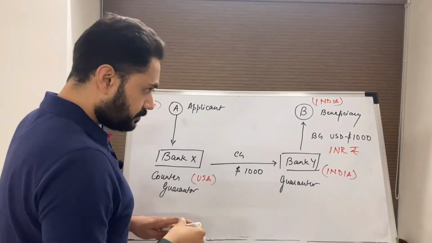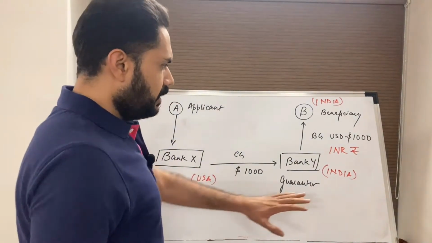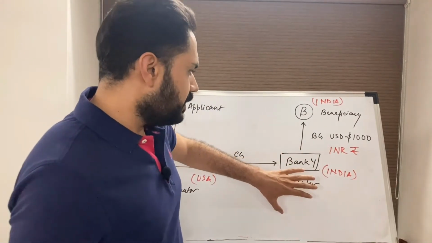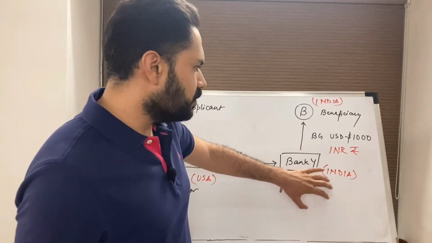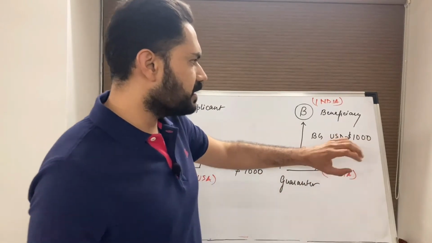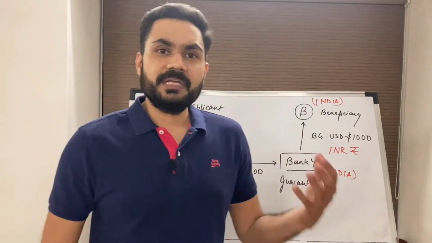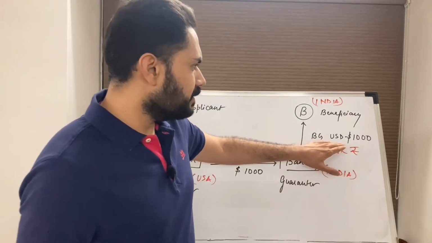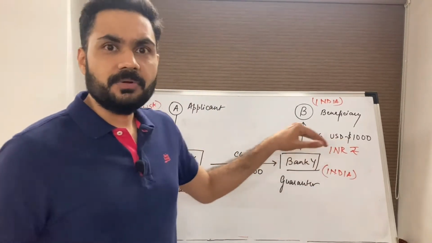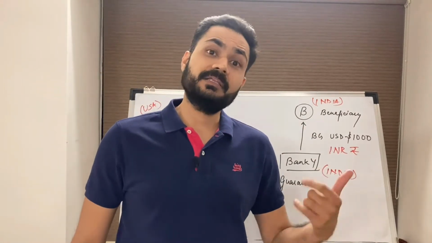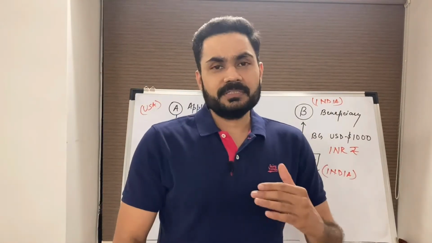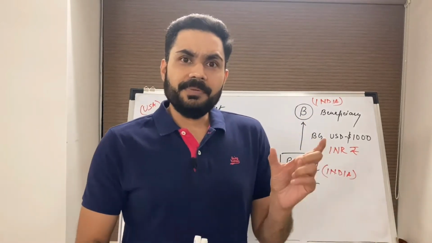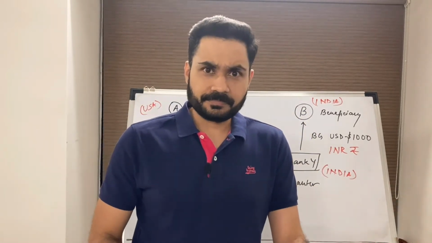Now, if because of some problem, Bank Y is not able to make payment in this currency, in what case can it happen? It can happen if this currency is not available in the local market. Why would that happen? The regulator says you are not allowed to remit funds in foreign currency beyond a particular amount.